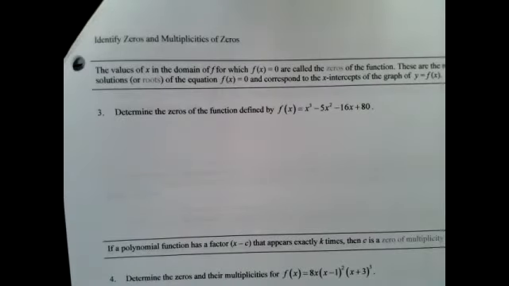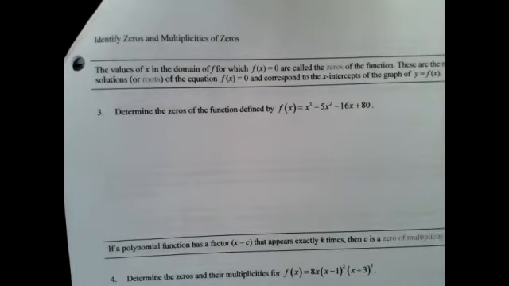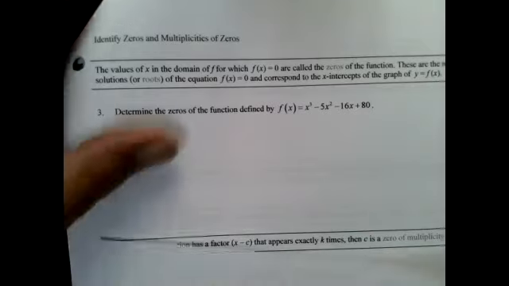Identifying zeros and multiplicity of zeros. Tell you what, sports fans, we're going to stop right there today because I want to do one other thing for practice. And I'm going to put it up here in a minute. There was something in chapter 2 that I want to make sure you're ready for.